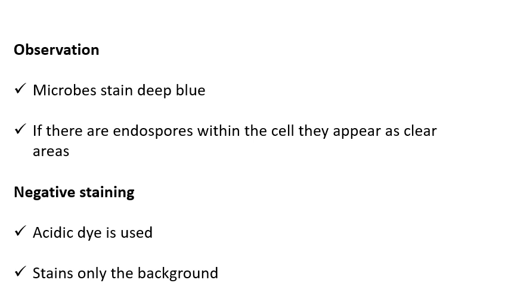But in negative staining, the background takes the stain and the organism appears transparent. Hence, this is called negative staining. Here we use an acidic dye for staining, and these acidic dyes stain only the background, not the organism, and hence the organism looks transparent against a dark background.